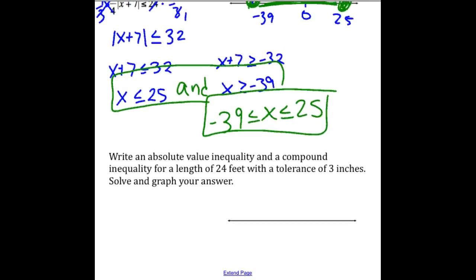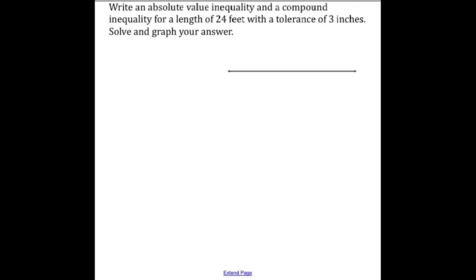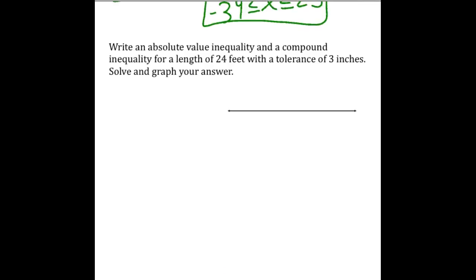Okay. So here it says write an absolute value inequality and a compound inequality for a length of 24 feet with a tolerance of 3 inches. Solve and graph your answer. So you'll see a situation like this actually in the real world in industry. They'll say, well, they need something to be about 24 feet, but it can be 3 inches more or 3 inches less.